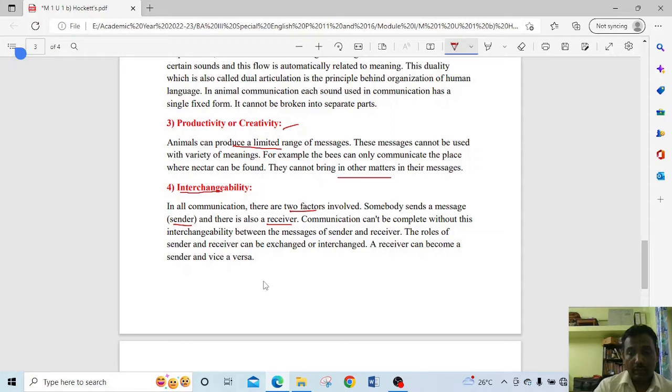In a communication system you have on one side a sender and on the other side the receiver. Sender means someone who sends the message and receiver means someone who receives the message. The feature of language is that the sender can become the receiver and the receiver can become the sender. So this is interchangeability.